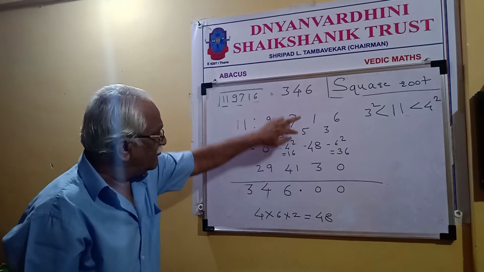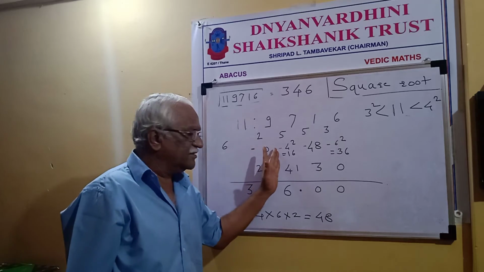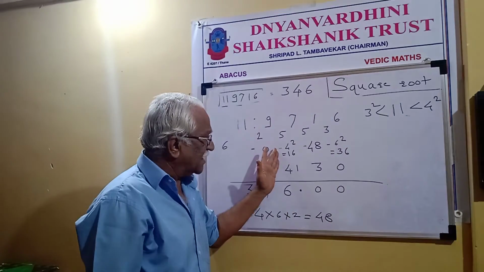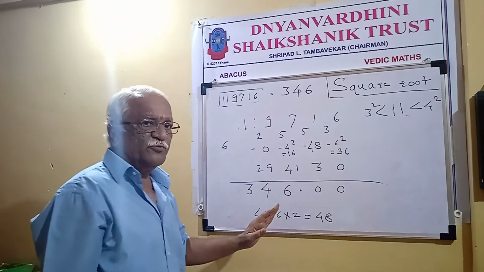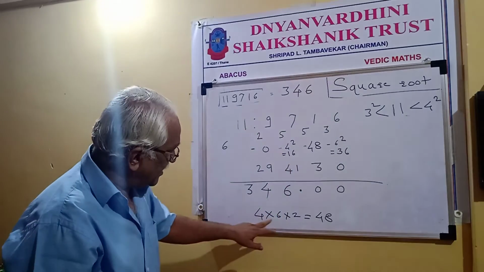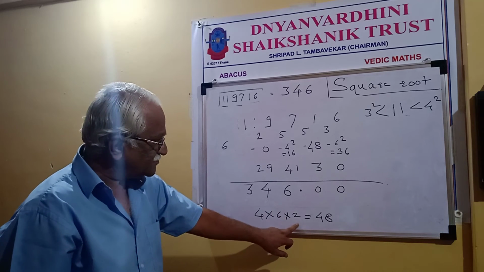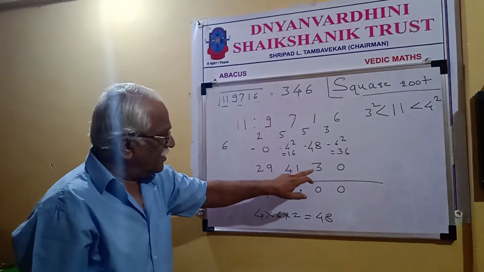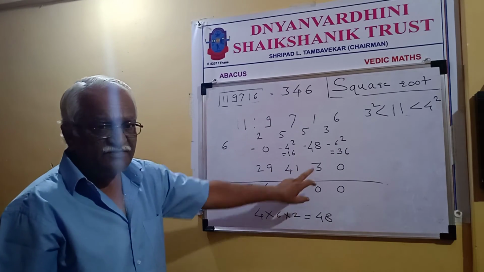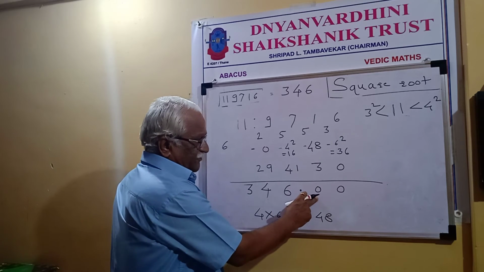Here from gross dividend 51, first we have taken the square. Then we have to use the Dvandva Yoga method or the duplex method, that is 4 into 6, these 2 quotients, into 2, that is 48. So net dividend is 3. Now 3 divided by 6, that is 0.